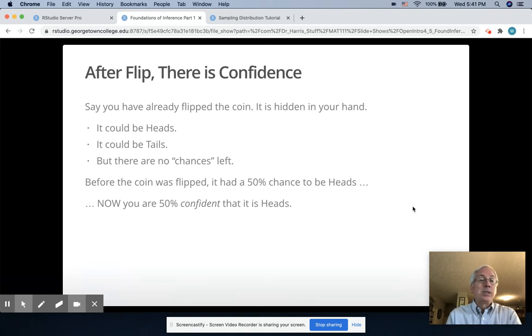So it's heads or it's tails, but there's no probability, there's no chance left to it. So before the coin was flipped, we had a 50% probability of it being heads, but now, without looking at it, we're 50% confident that it shows heads. So confidence is what happens after the random process has been run.